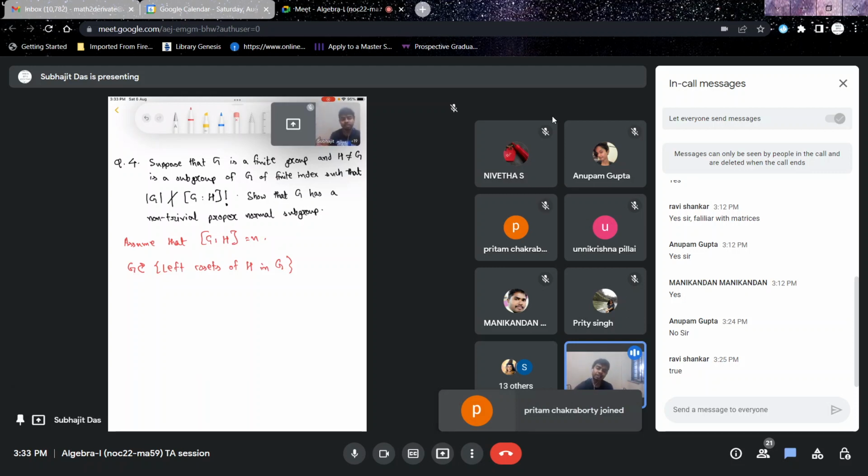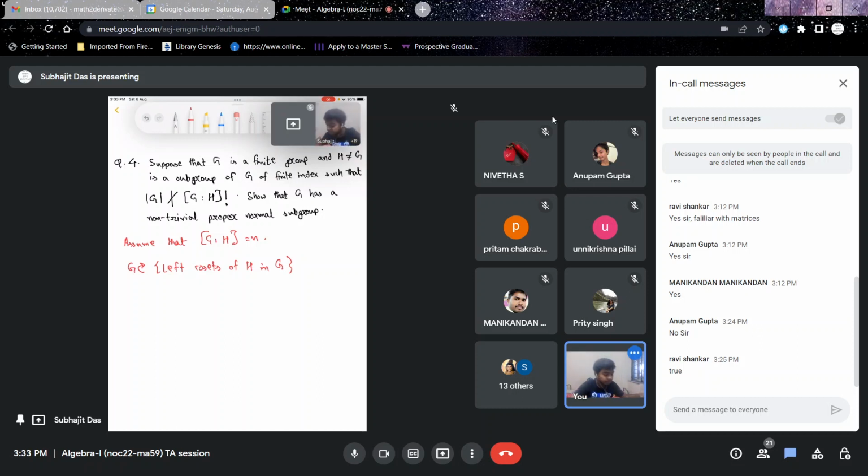Every action gives rise to a permutation representation, or a homomorphism from G into the symmetric group on the set on which G acts. Here G acts on a set with n elements, so you get a homomorphism from G into Sn.